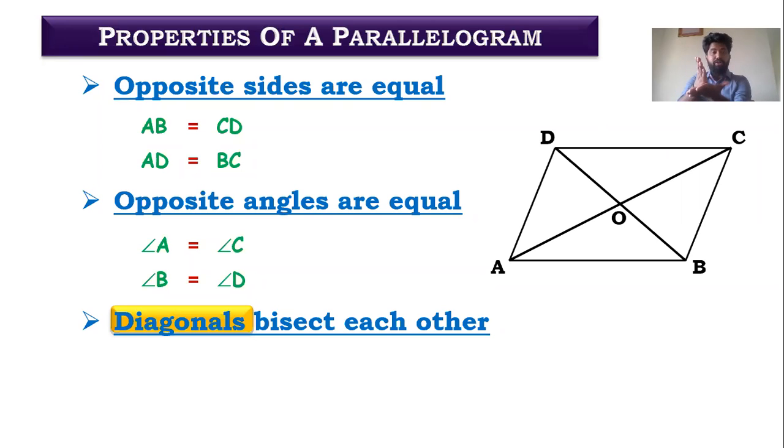Bisect means divide into half. Yes. This is maths as well as English. Not exactly. Okay, divide into two equal halves. Now is this correct?